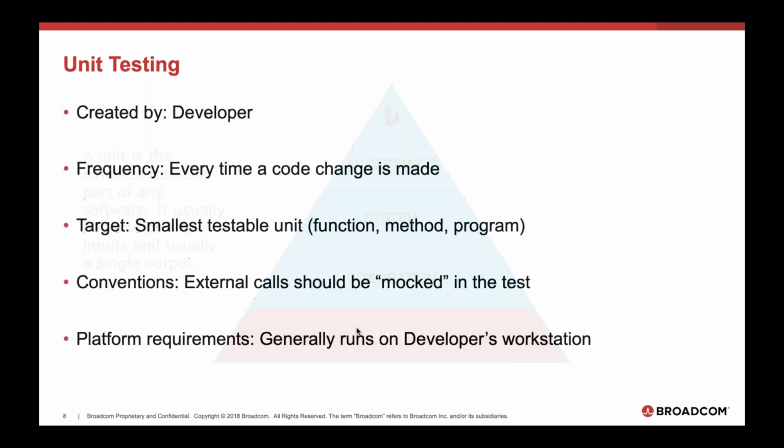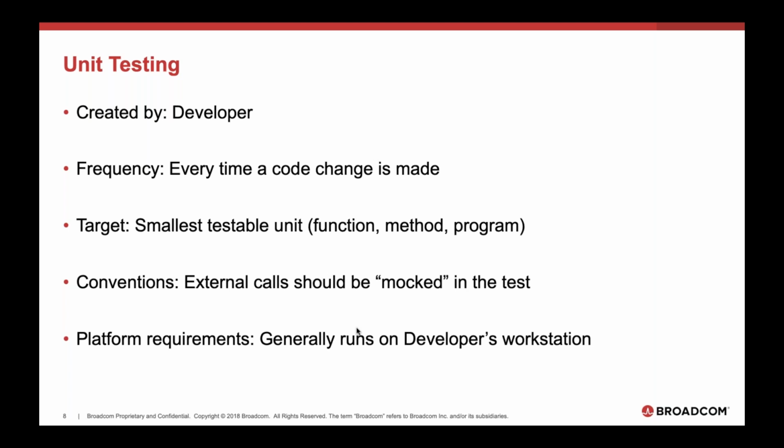It's usually created by developers, or in some cases, it's even generated without a developer manually doing anything. The frequency at which these unit tests are updated or created is every time a code change is made, you're going to either create new unit tests or update them.